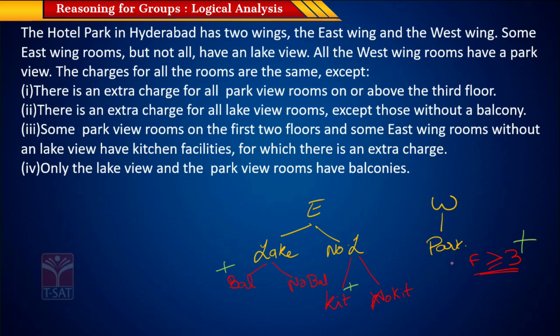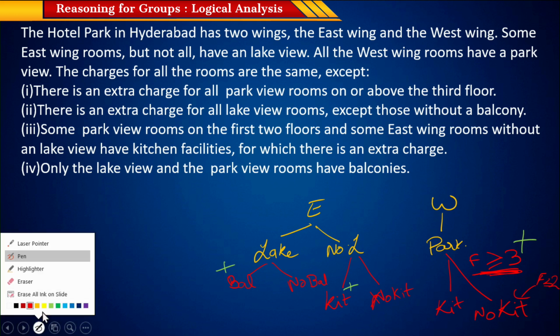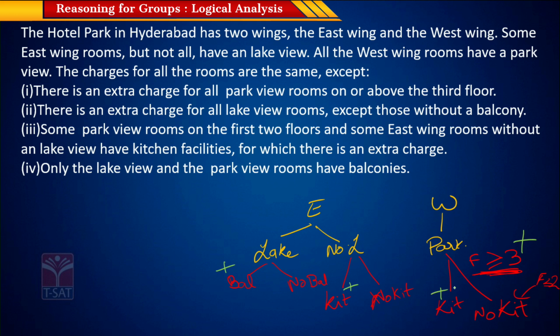Similarly here as well, there are some rooms with kitchen facilities and those without. And these are in the first 2 floors, because if it is on the 3rd floor or higher, it is already charging extra. So here the floor is less than or equal to 2, the first 2 floors. If there is a kitchen, it's charged extra.